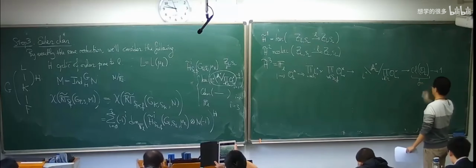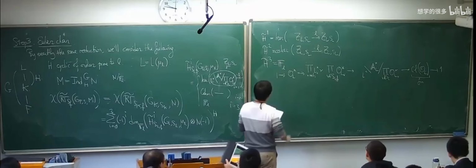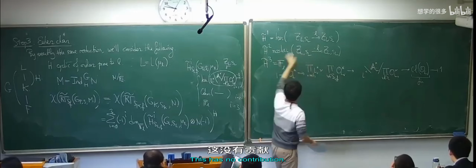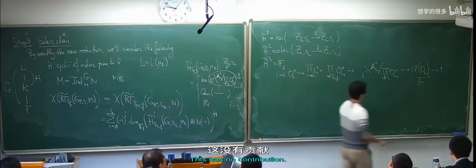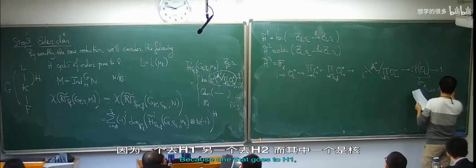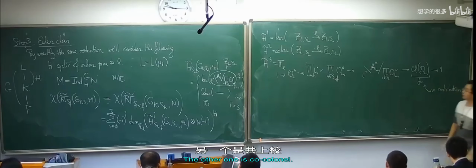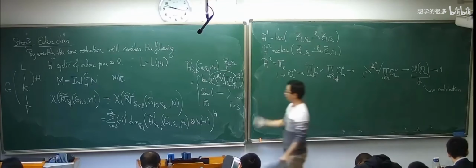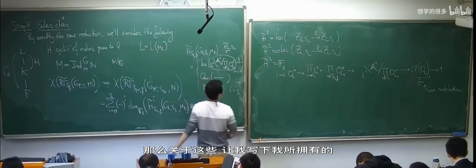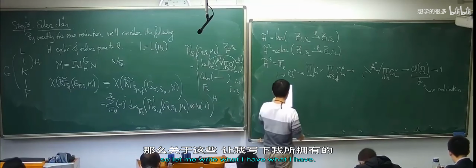And so therefore, when you do this multiplication by L, one of them takes kernel, the other one takes cokernel. This has no contribution, because one of them goes to H^1, the other one goes to H^2, and one is kernel, the other one is cokernel. And so regarding these, let me write what I have.